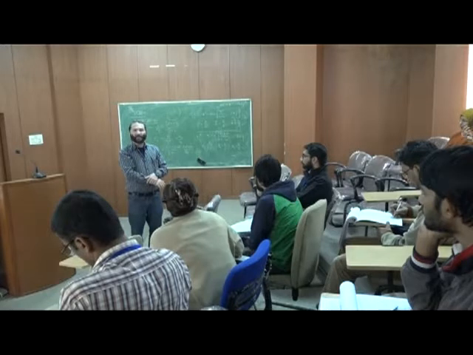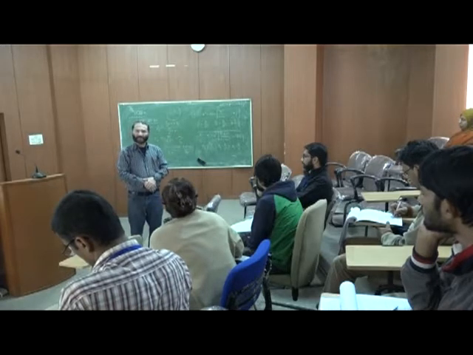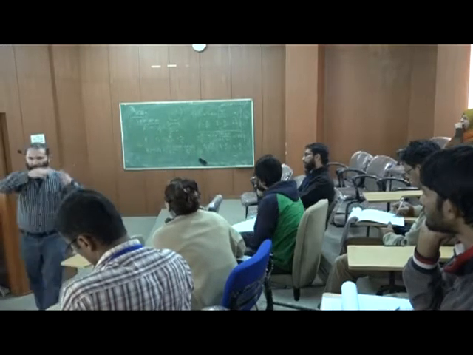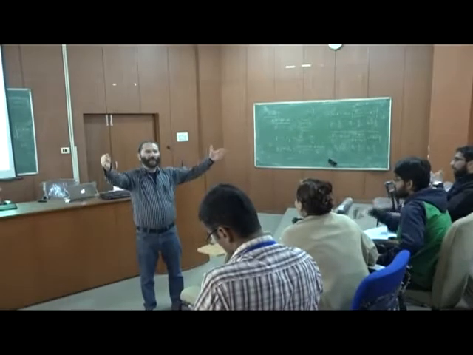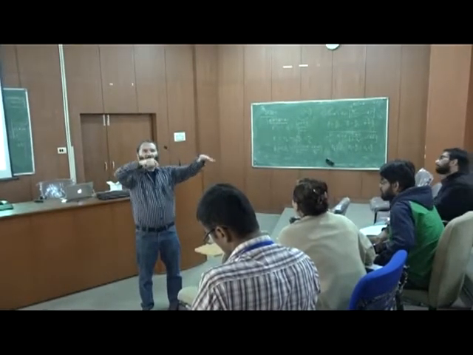Or FLRW models are averaged LTB models. Because when you have something inhomogeneous and you average, you iron out all these inhomogeneities, substituting them by a single number. This is achieved by the quasi-local average, not by the proper volume average.